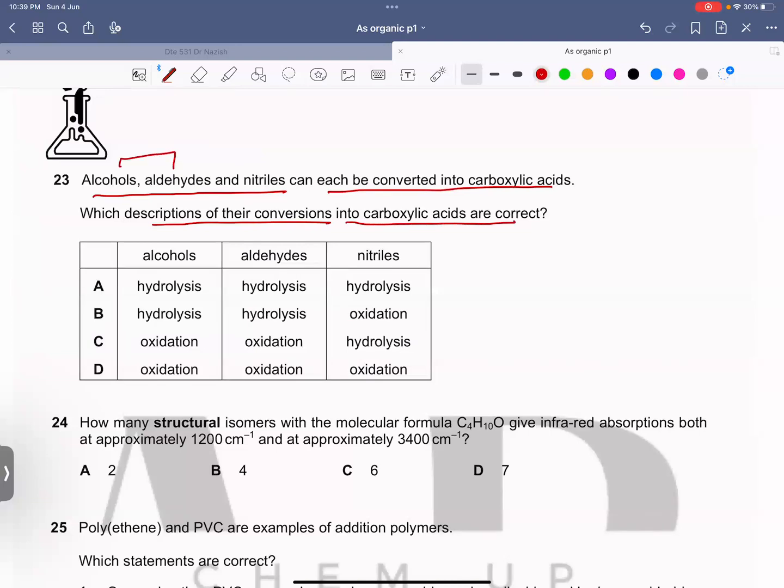Okay, so let me recall: alcohols and aldehydes are oxidized to give you carboxylic acid, and nitriles are hydrolyzed to give you carboxylic acid. So for alcohol, the same way for aldehydes as well. For nitriles here, it is written oxidation in D, which makes D wrong as well. So C is the correct answer.